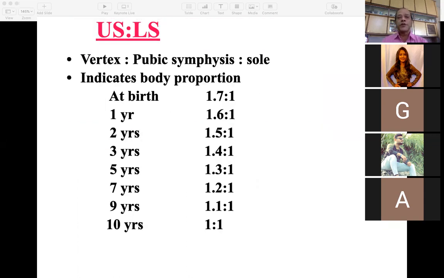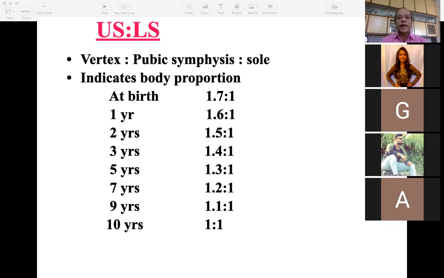Upper segment, lower segment is basically a division of height, that is from vertex to sole. So upper segment is vertex to pubic symphysis and lower segment is from pubic symphysis to the sole. This indicates body proportion and is helpful if the child has dwarfism or excessive height.